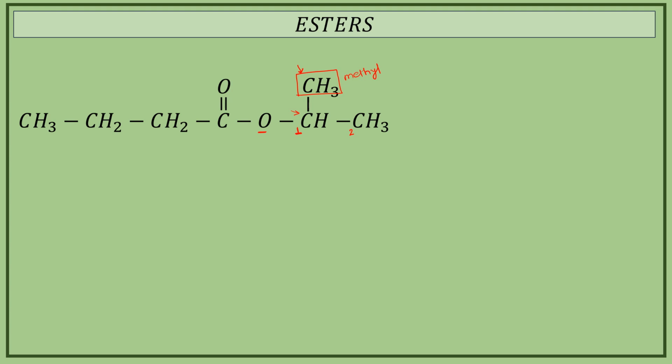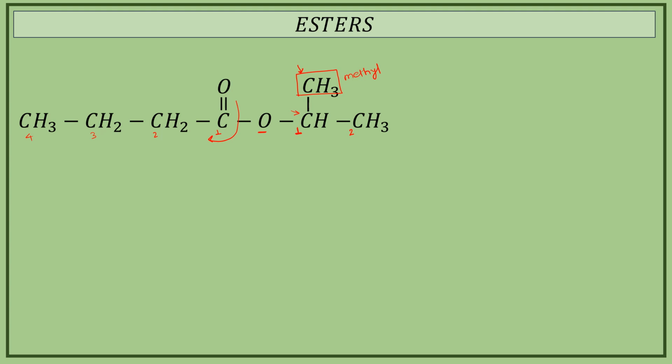And on the left of the molecule, starting from the carbonyl carbon, we will number it from this particular carbon: 1, 2, 3 and 4. If we need to number the portion that is attached to the carbonyl carbon, we will always start from the carbon atom of the functional group.